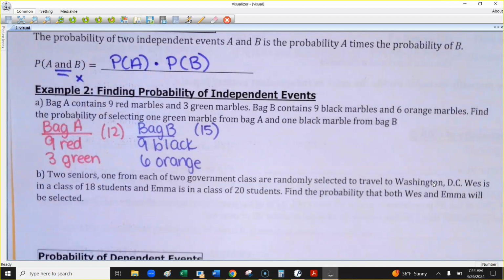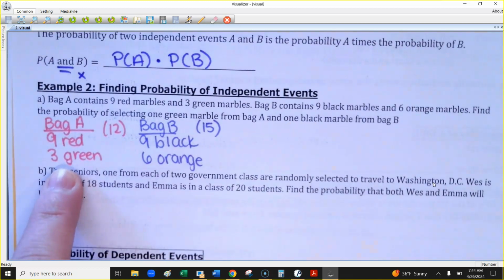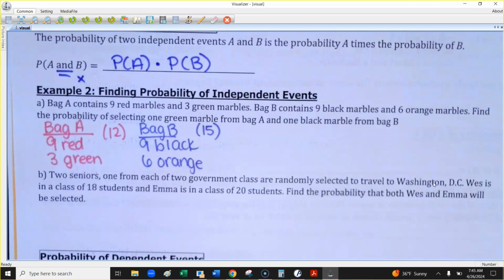It says find the probability of selecting one green one from bag A and one black one from bag B. Don't worry about reducing fractions for the moment. What's the probability I would draw a green marble out of the first bag? If I have 9 red, 3 green, what's the probability I'd grab a green one? 3 out of 12.